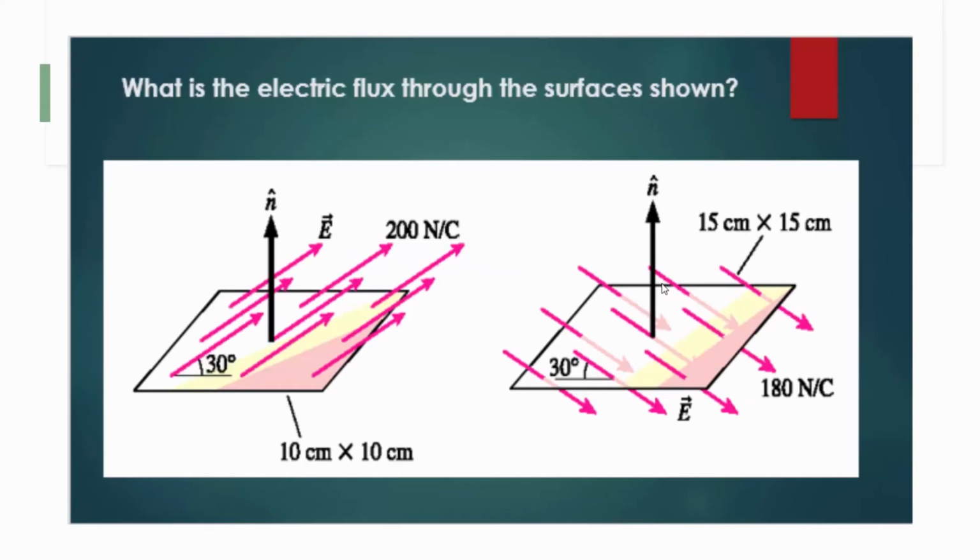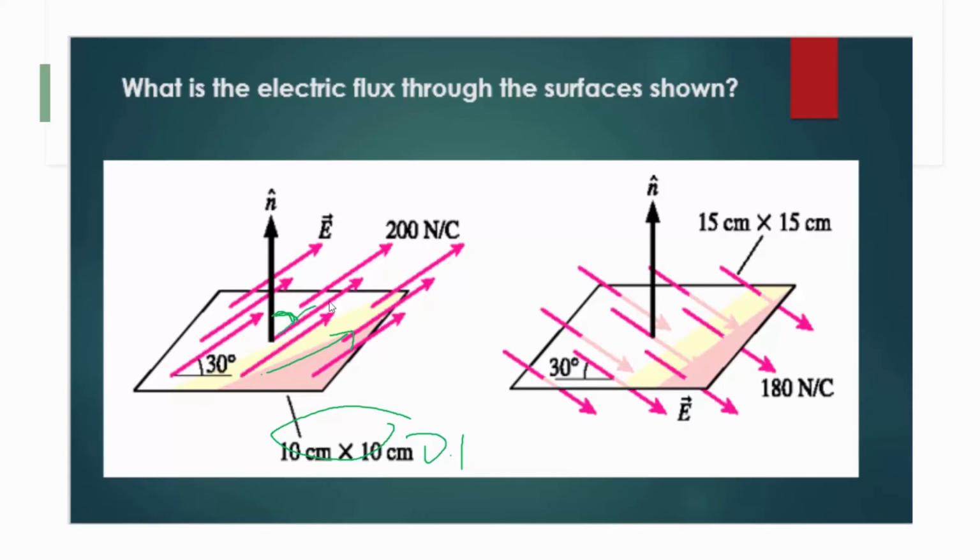So, ito naman is isang problem. What is the net electric flux through the surface shown? So, binigay yung area, 10 centimeters by 10 centimeters. Convert mo yan sa meters ngayon pa lang. Find the angle kaagad between the electric field, which is ito, and the area vector, which is ito.